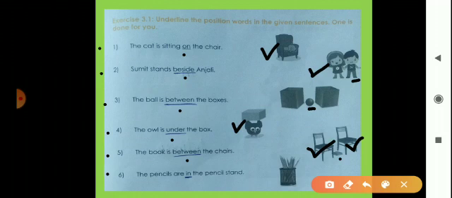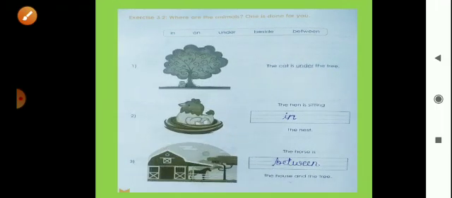Now sixth sentence. The pencils are in the pencil stand. Where are the pencils? In the pencil stand. So in is a position word. So you should underline these position words and solve this exercise. Now look here, exercise number 3.2.